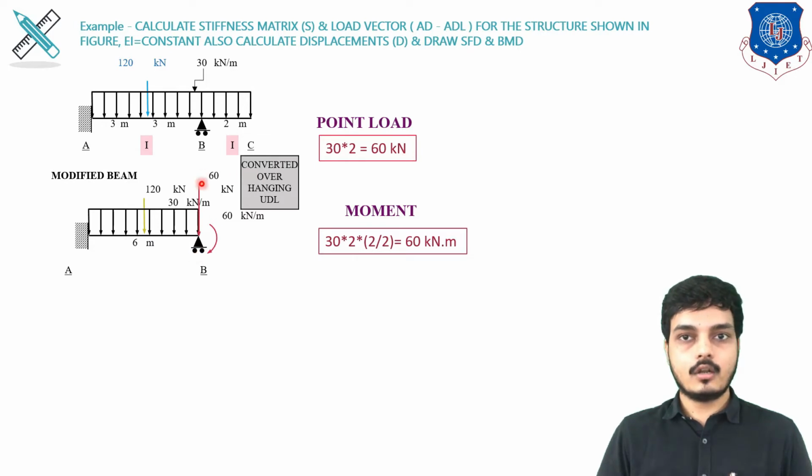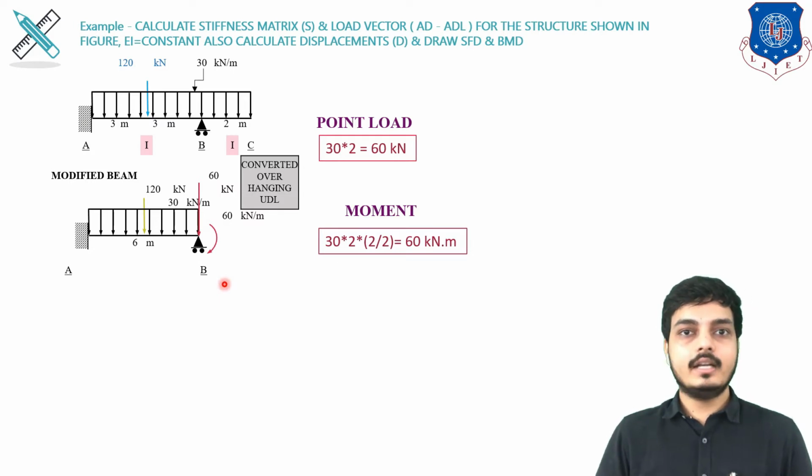To convert UDL into moment, load into distance by 2, which is 30 into 2 into 2 by 2, ultimately 60 kN-m. So this is my moment and this is my point load, which I have placed over here. The same beam with the UDL neglected.